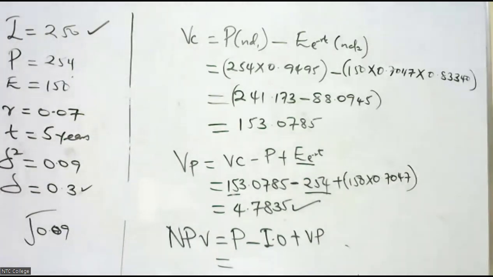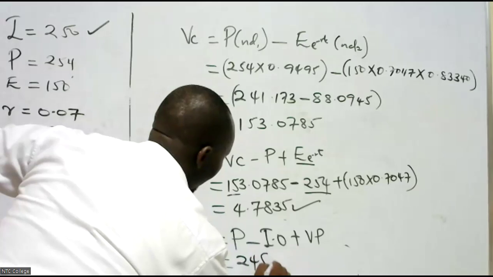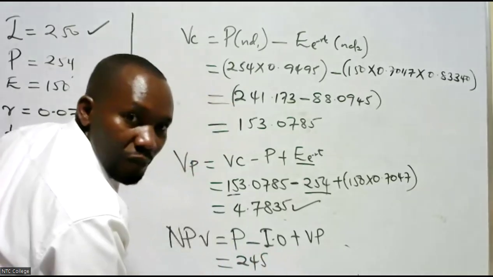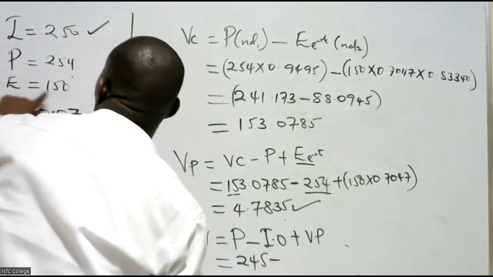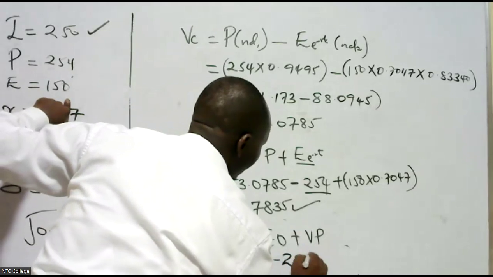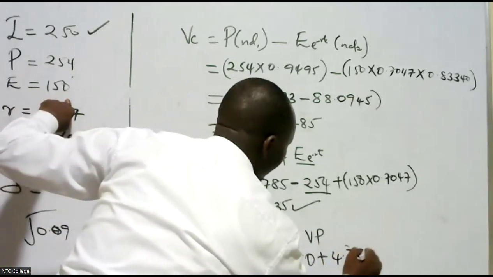So that is the initial value of the project. So you will have 240 plus minus 45 minus 1 minus 250 plus VP, which is now 4.7835.